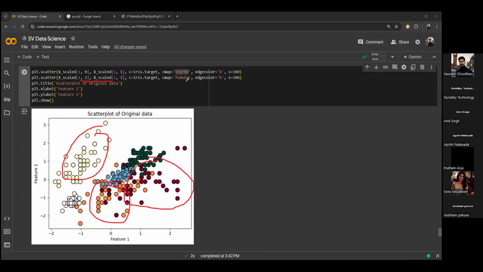Purple, blue, green. Purple is not showing, by the way. So these are captured by the petal length and petal width of the three flowers.